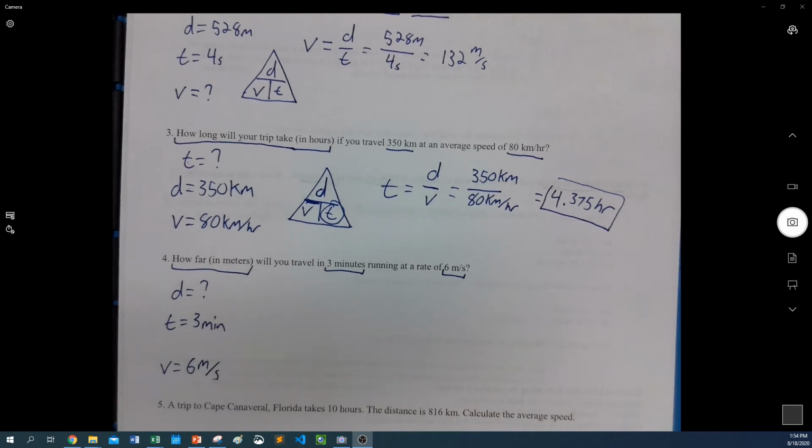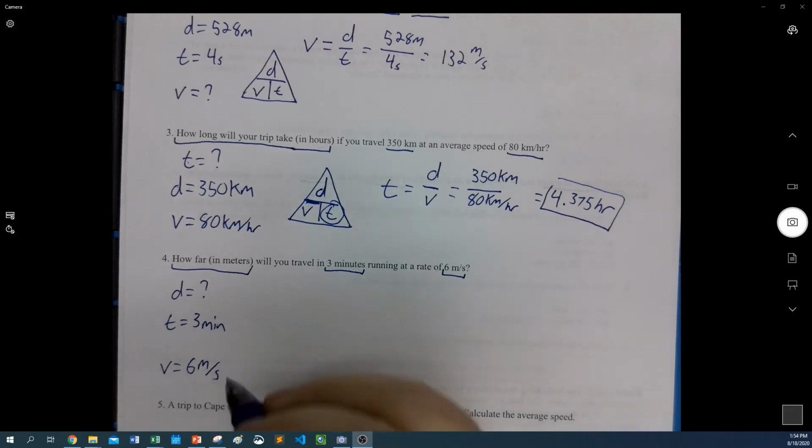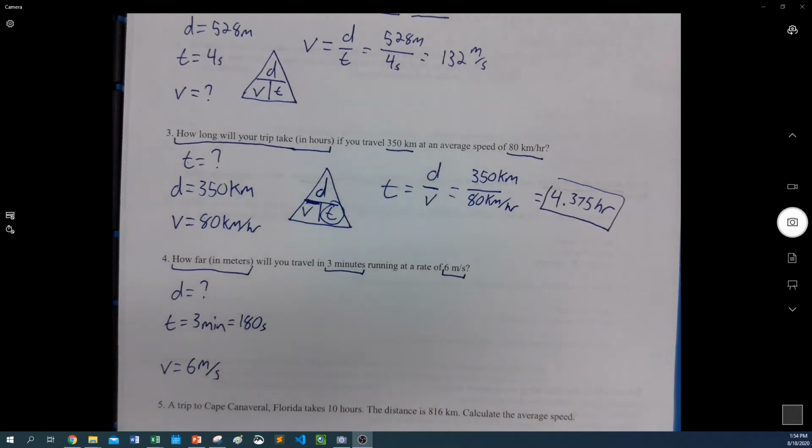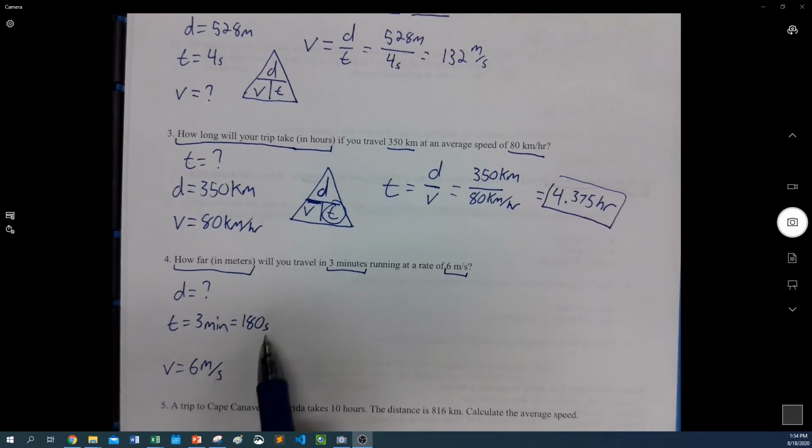How many seconds are in 3 minutes? That's equal to 180 seconds. Watch out for that, because if you're moving 6 meters every second, you want to put your time in seconds. These units must match.